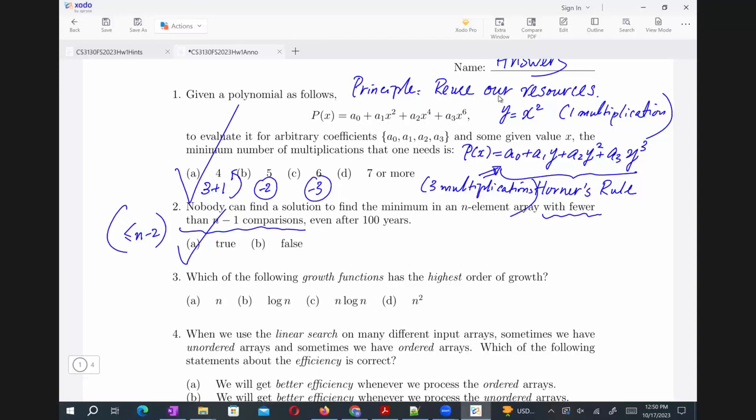Our proof is very rigorous. We have proved that n minus 1 comparisons is optimal.